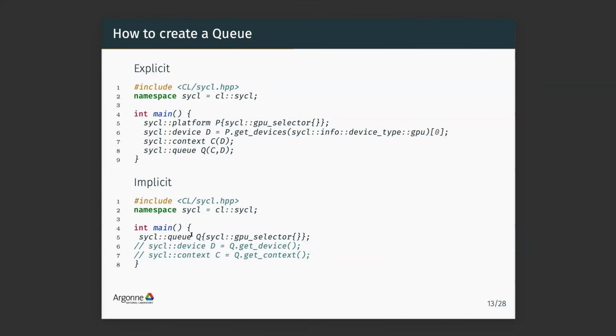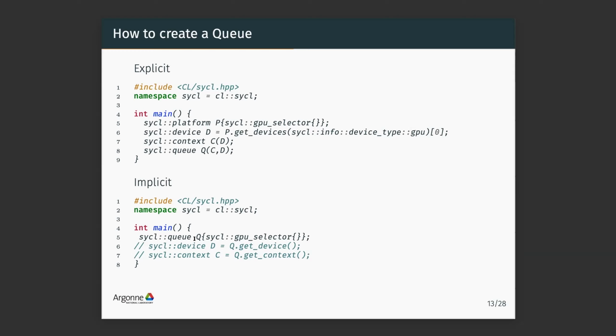Like I said before, this one is really the explicit way. So you do all this kind of thing. And because, as all programmers, we are lazy, you can just create a queue. You just create a queue, and the implementation will choose any platform, any device.